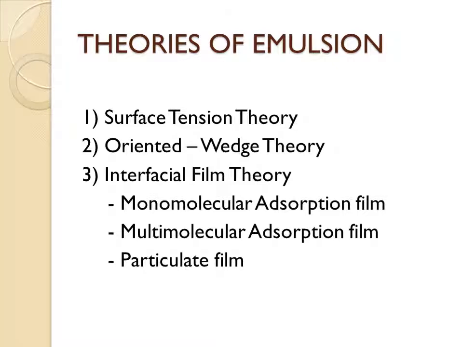The next major point that we start is the theory of emulsification. The first theory is the surface tension theory, the second is the oriented wedge theory, and the third is the interfacial film theory. Interfacial film theory has three different points: monomolecular adsorption film, multimolecular adsorption film, and particulate film.